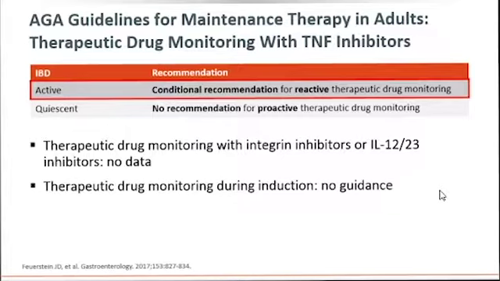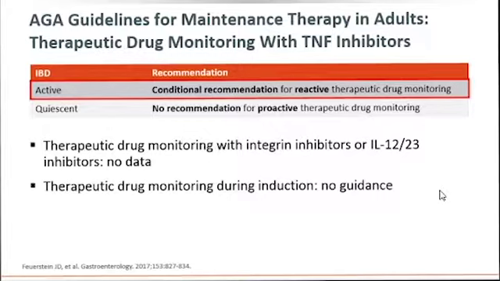These are the AGA guidelines regarding how to monitor anti-TNF during maintenance, or during loss of response. If active, you have reactive; if quiescent, you have proactive.